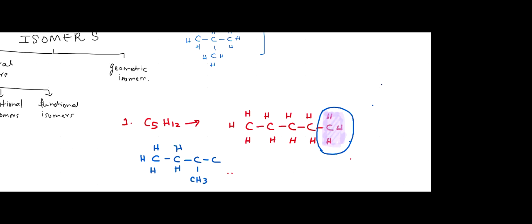Over here, I've written down CH3 because this is one carbon with 3 hydrogen. And then I have to draw 12 hydrogen: 1, 2, 3, 4, 5, 6, 7, 8, 9, 10, 11, 12. There you go. You have drawn another possible isomer, right? So what did you do over here?